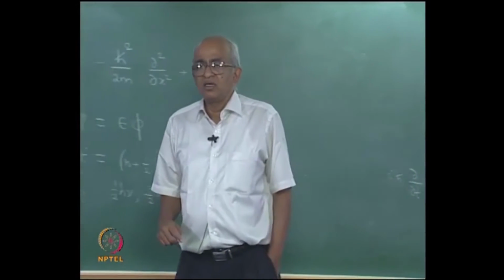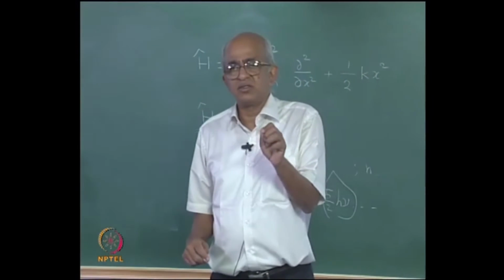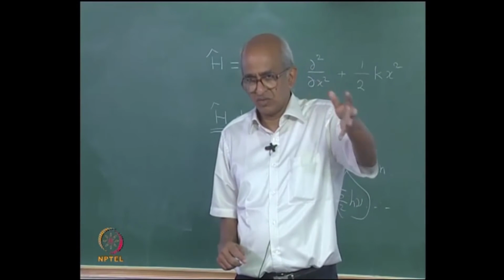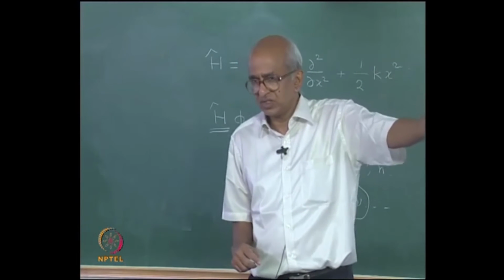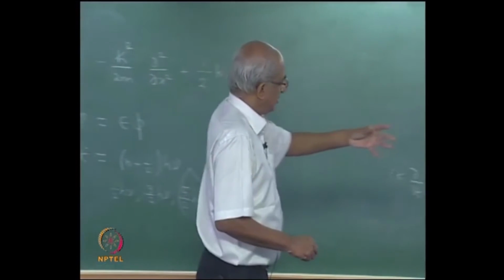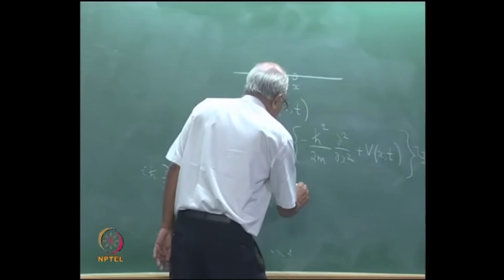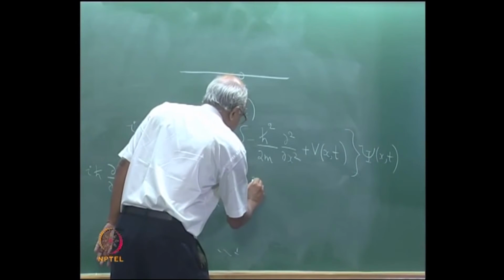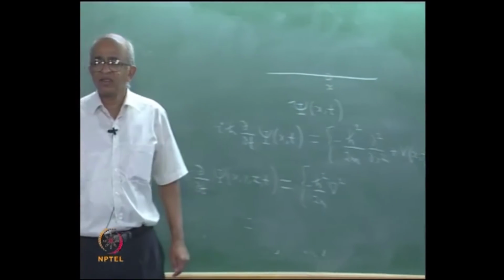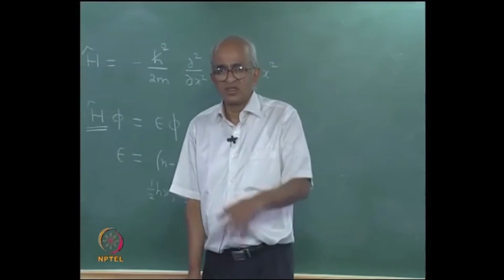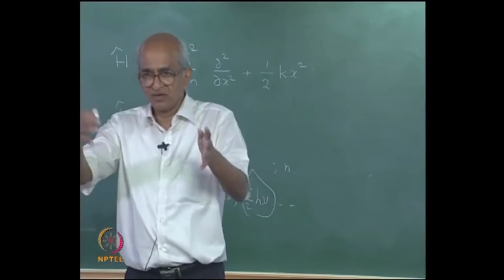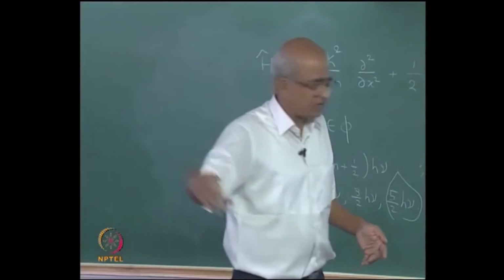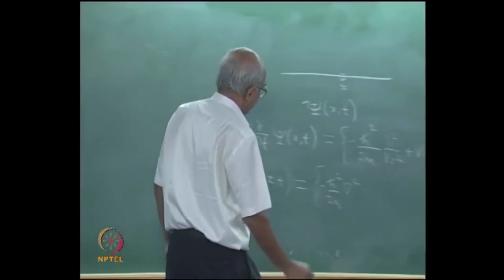You will not have just dou square upon dou x square, but you will have dou square upon dou x square plus dou square upon dou y square plus dou square upon dou z square. That sum, if you remember, is something that we decided to denote by del square. As I always say, I am lazy, I do not want to do the work of writing dou square upon dou x square plus dou square upon dou y square plus dou square upon dou z square. So, I just write del square.